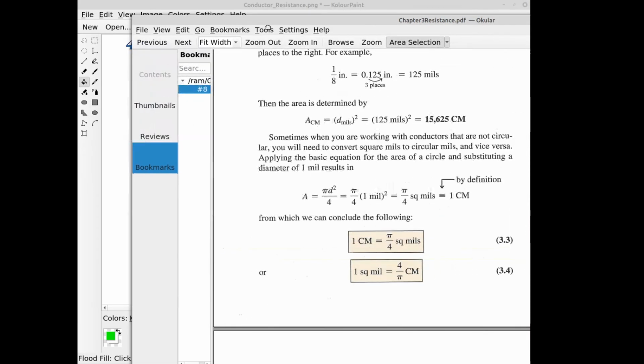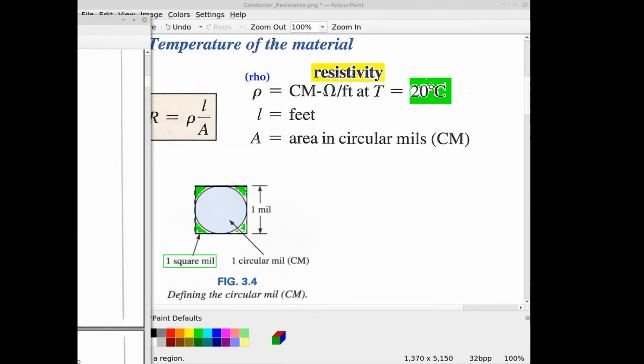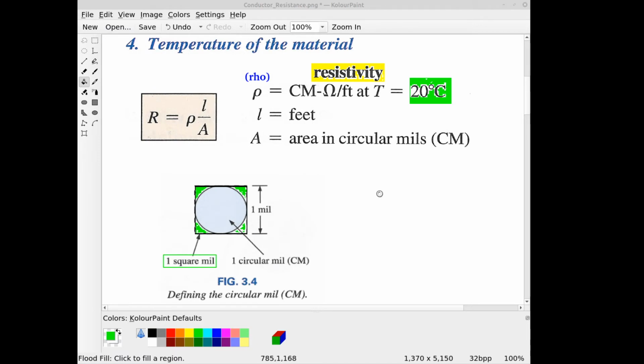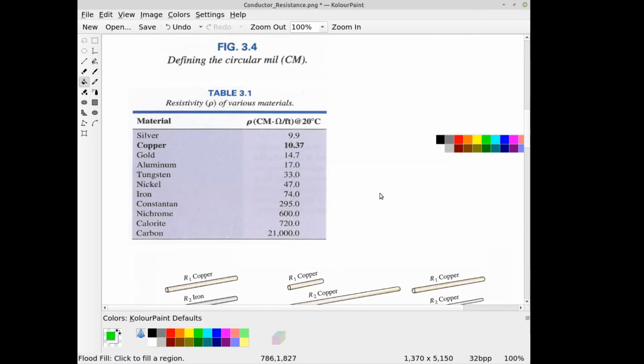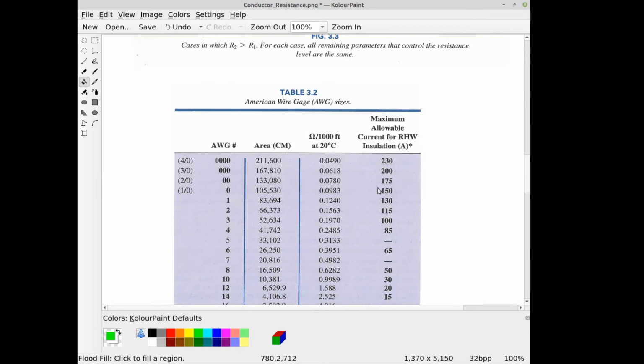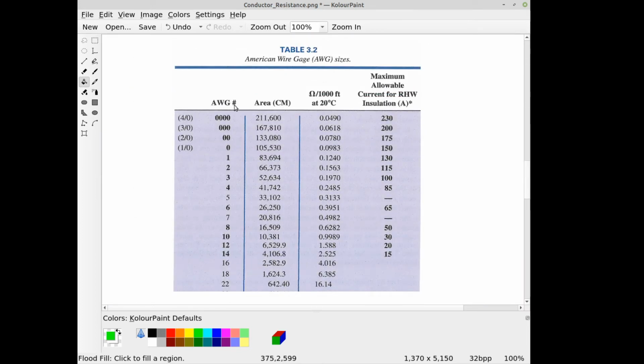But when you look at the equation for the wire gauge, the AWG is the American wire gauge, the area is given in circular mils. At the fixed temperature, they give us the resistivity in terms of ohms per 1,000 feet, and this is assuming copper wire here.